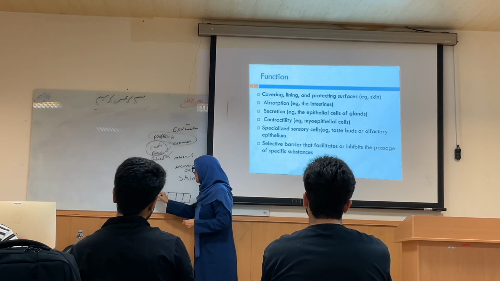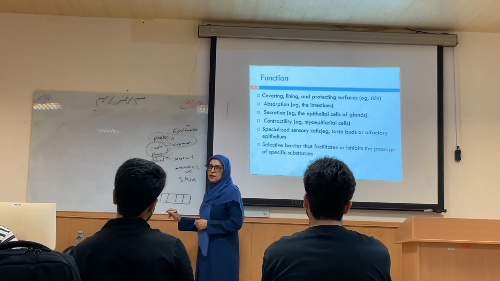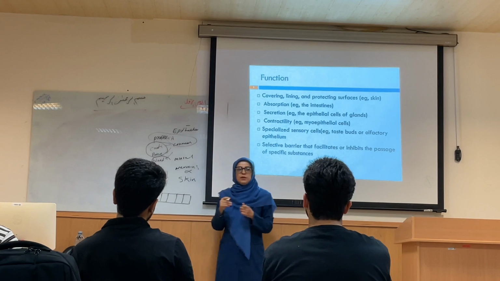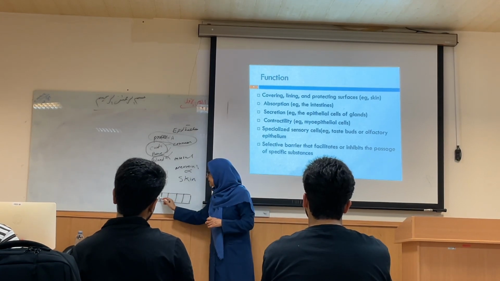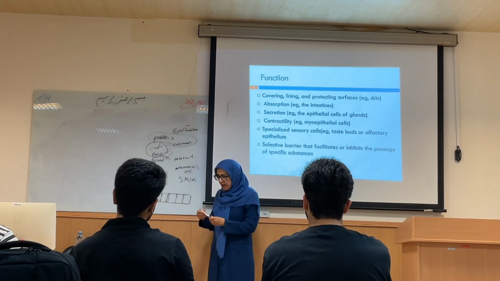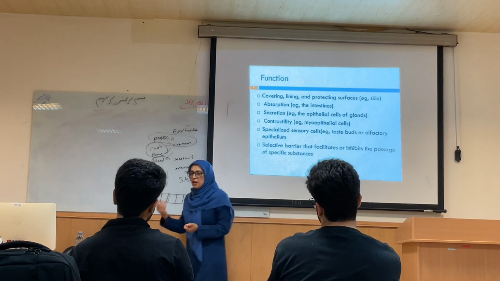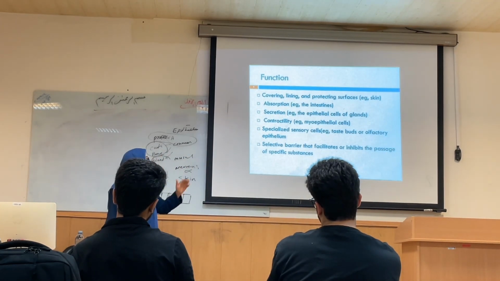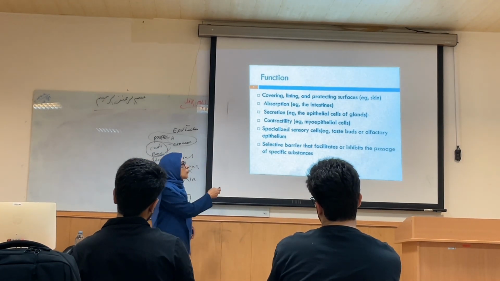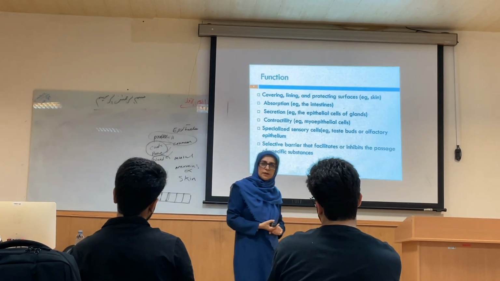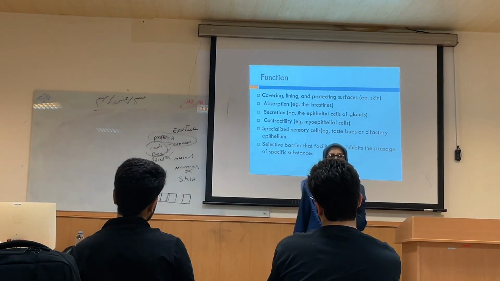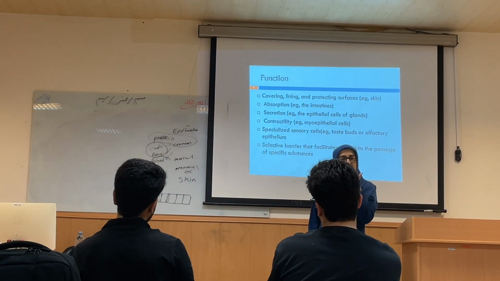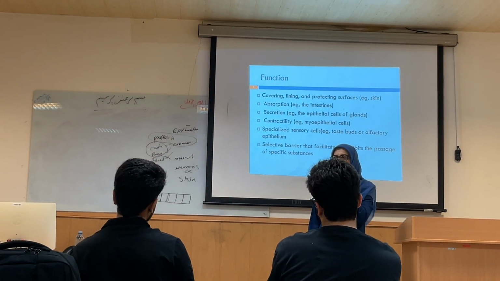But maybe between them are some cells that have an additional function in the epithelial tissue. For example, you have small intestine cells, yes? What is the main function of the small intestine cells?